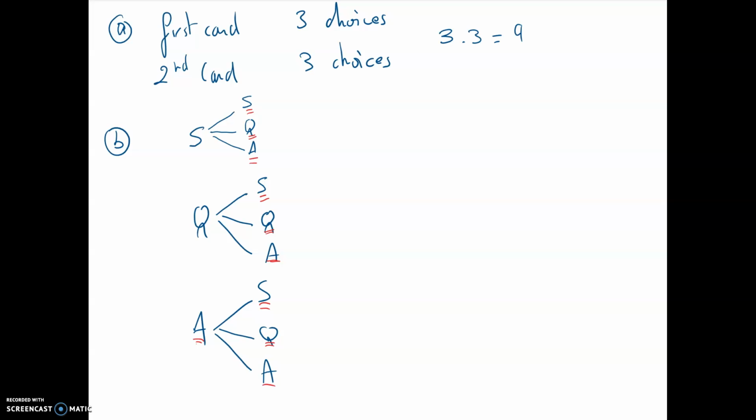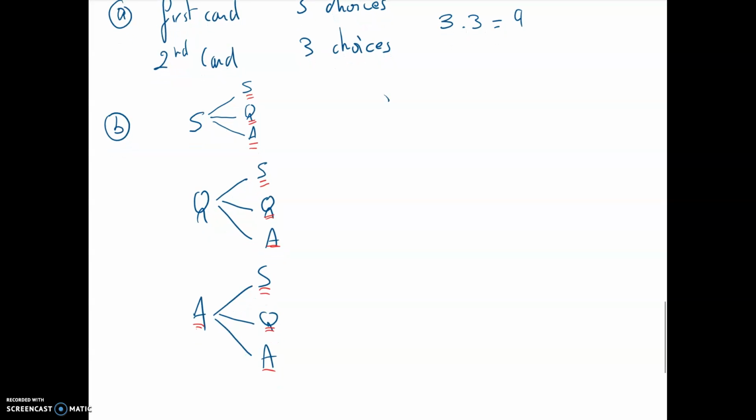Therefore, if I need to list the sample space, it could be sun, sun; sun, question mark; sun, apple; question mark, sun; question mark, question mark; question mark, apple; apple, sun; apple, question mark; and apple, apple. That corresponds to the number of sample points in the sample space, which is 9.